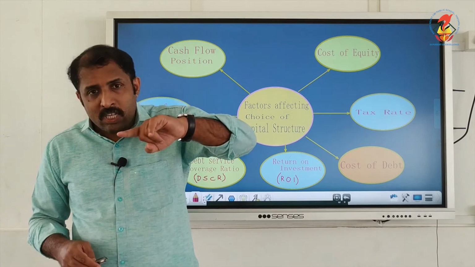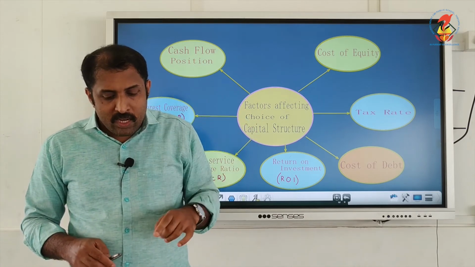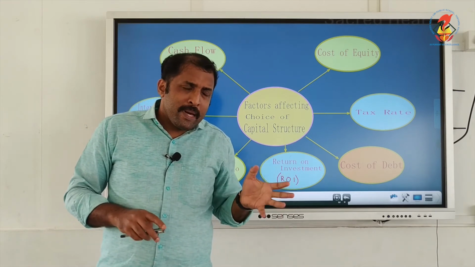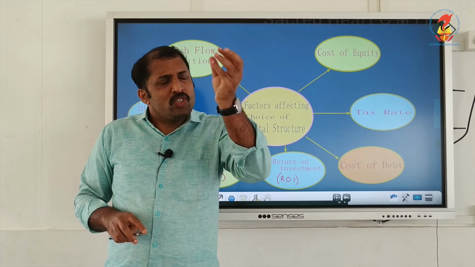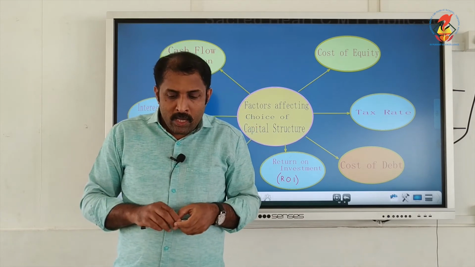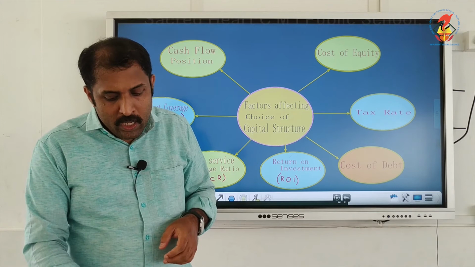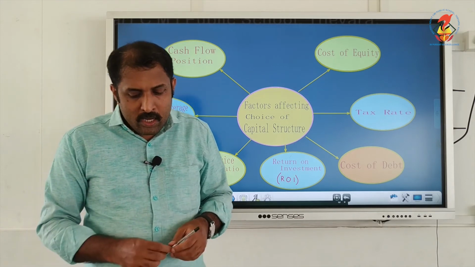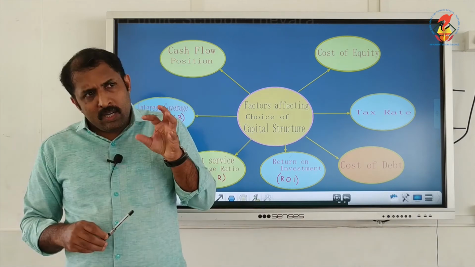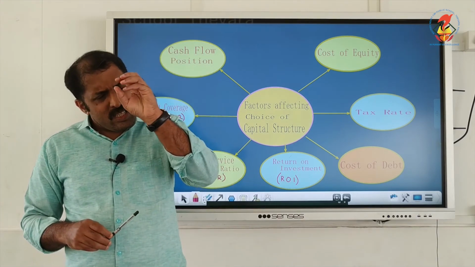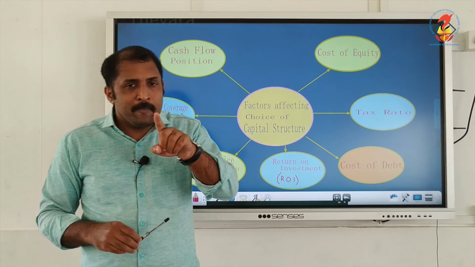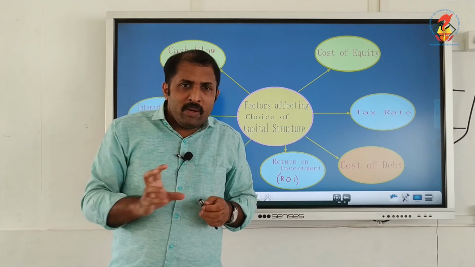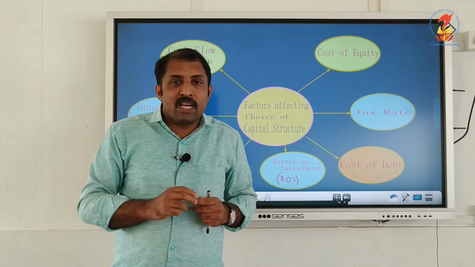But there is a positive effect, that the share price will go very high, and the return may go very high. There is also a chance that fixed financial charges increase more. When more debt is used, fixed financial charges increase more.